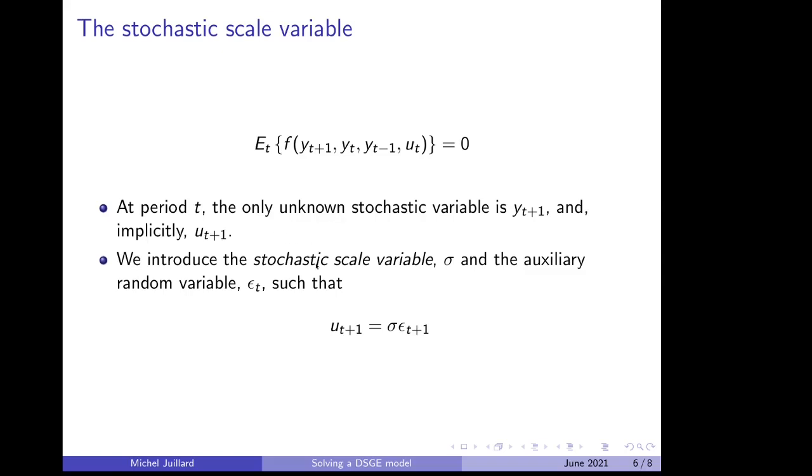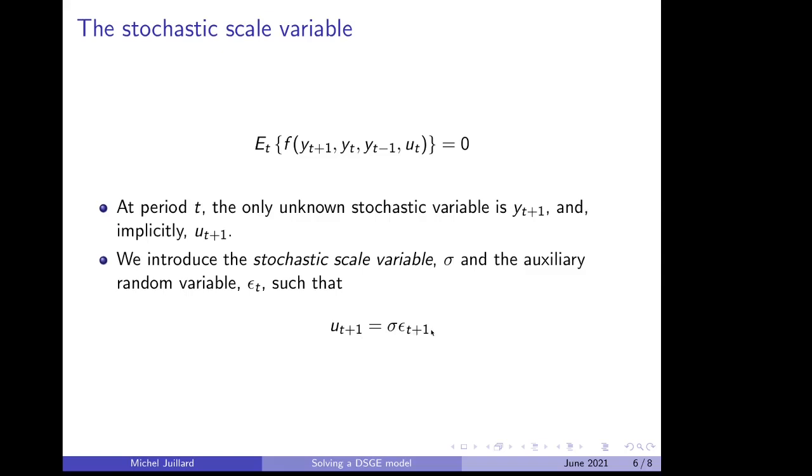Then we introduce the stochastic scale variable sigma, which is a scalar, and the random vector of auxiliary shocks epsilon t, such that we define ut plus 1 as equal to small sigma epsilon t plus 1.